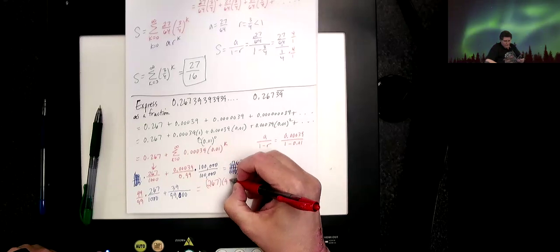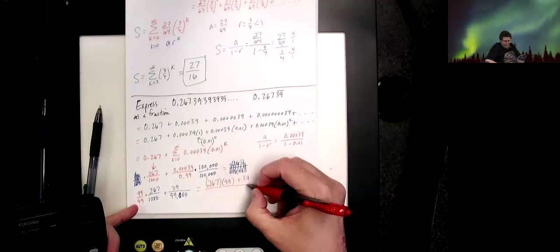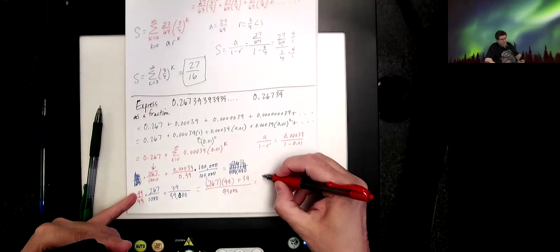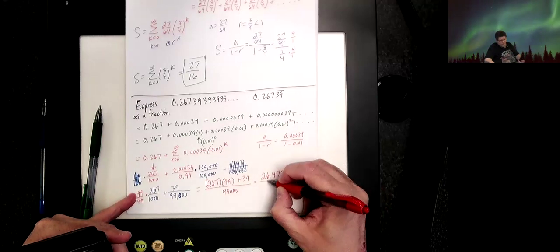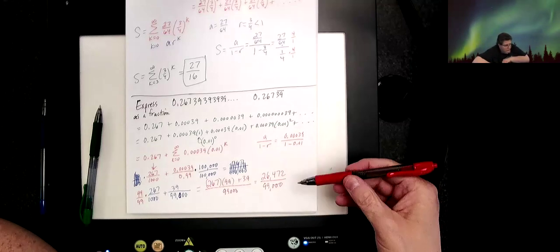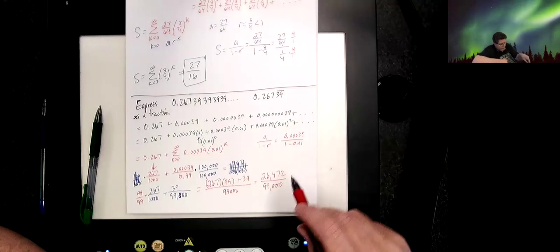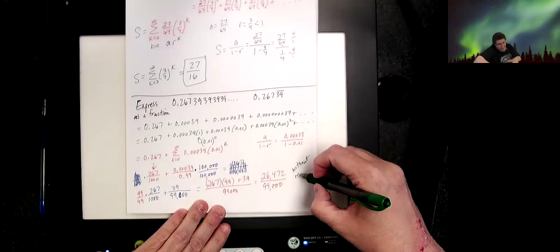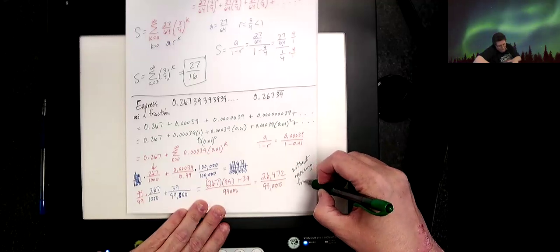So 267 times 99 plus 39 over 99,000. Now, clearly this reduces because they're both even, but without reducing, we got it down to a fraction. We should simplify, but that's a waste of our time in this class.